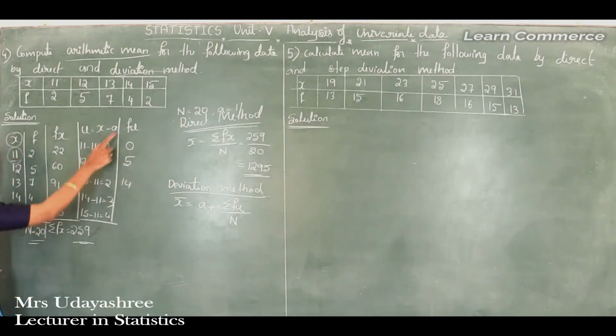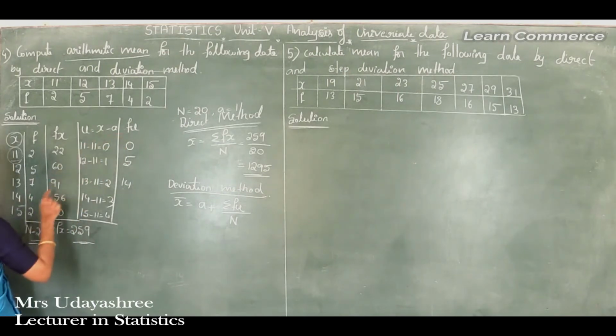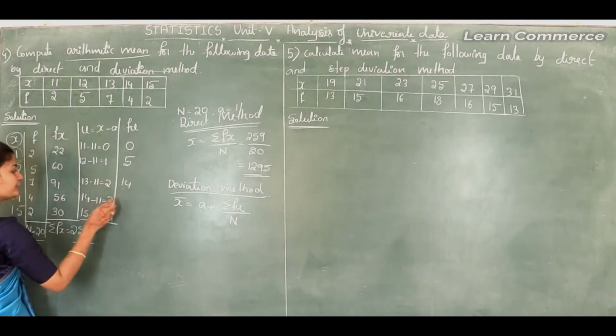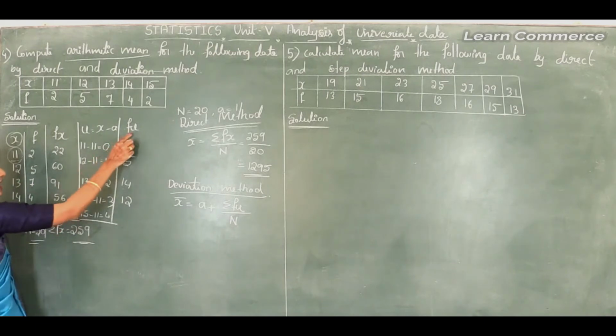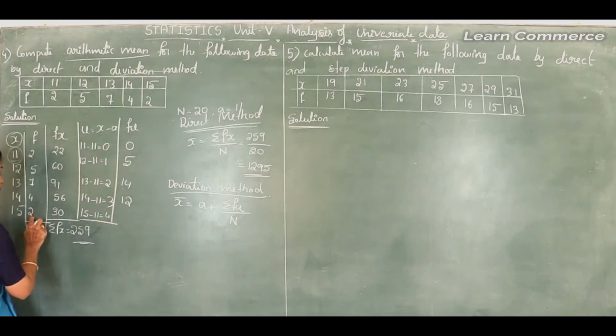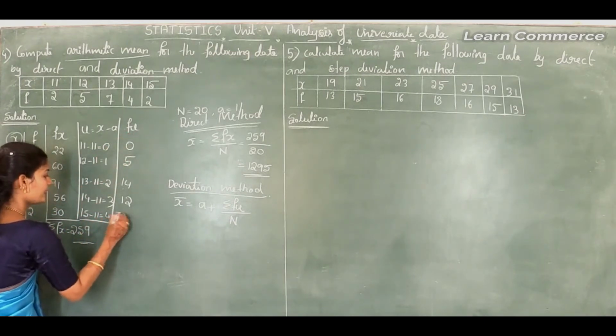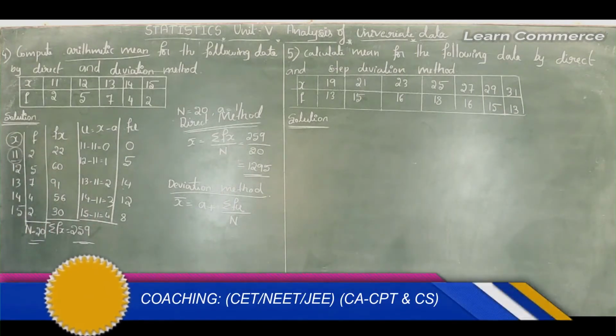Next f observation is 4 and u observation is 3. So 4 into 3 is 12. Next f observation is 2 and u observation is 4. So 2 into 4 is 8. So these are the f into u observations.